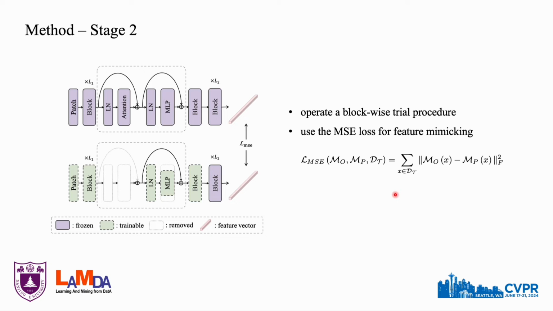In the second stage, once the structure parameters are determined, we operate a block-wise trial procedure to obtain fine-tuned candidate models with different blocks compressed. Following MiR, to fine-tune a candidate model, we use the MSE loss for feature mimicking to minimize the feature gap between the pruned and the original models.